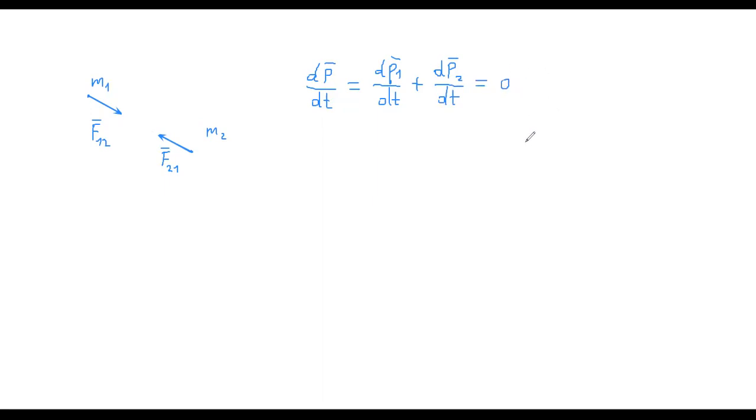Because we don't have any external forces, we have 0 in the right side of our formula.